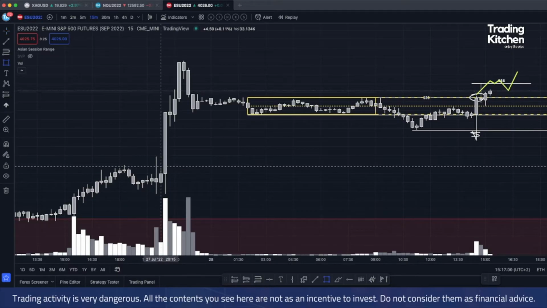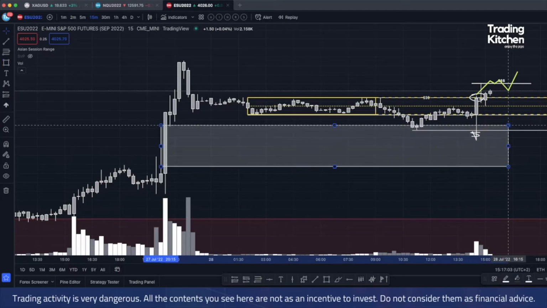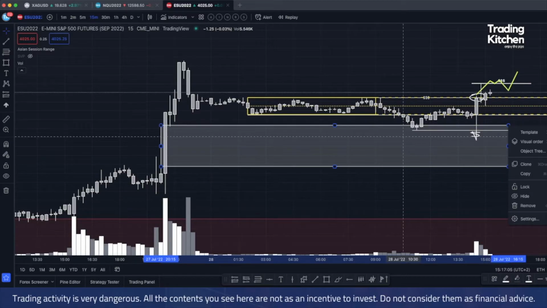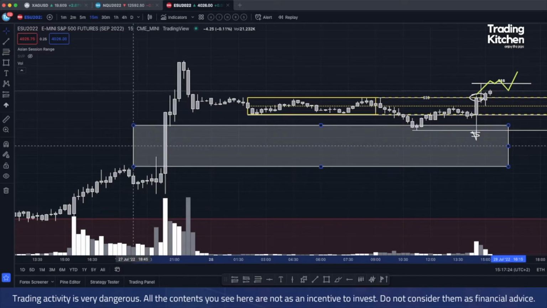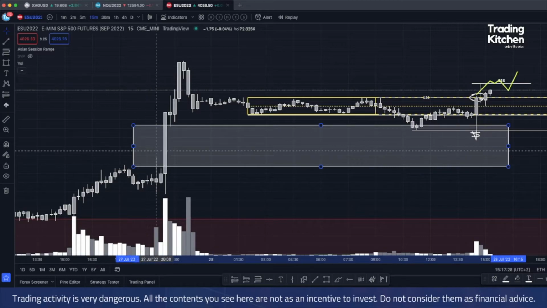Okay. Another very important thing I already told you about is imbalance. Okay, what does imbalance mean? It means basically a strong push of the market, like here, in which the market leaves a gap. As you can see, there is nothing here on the left and there is nothing on the right.